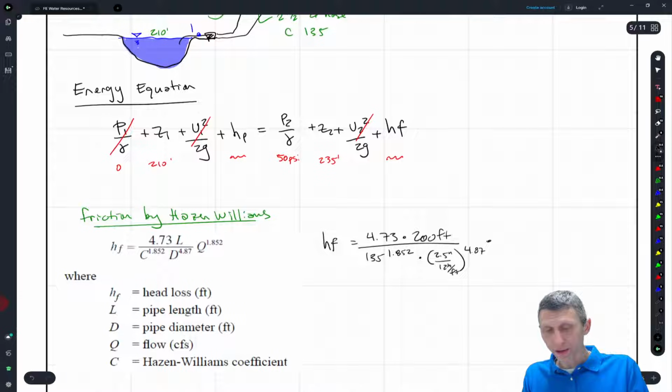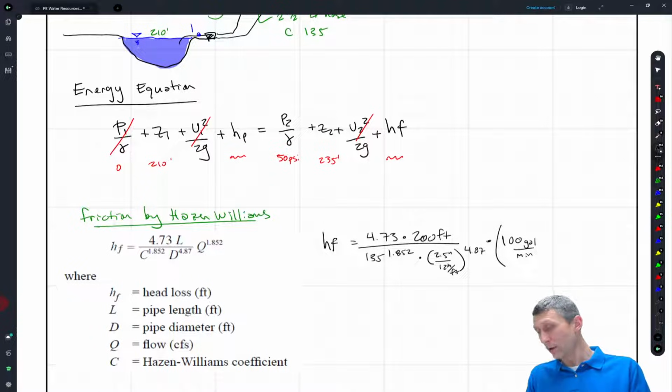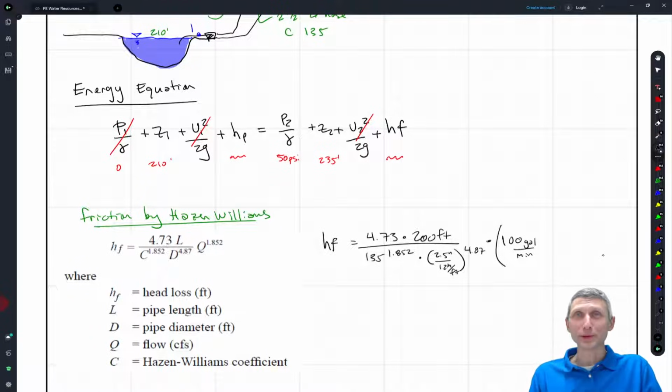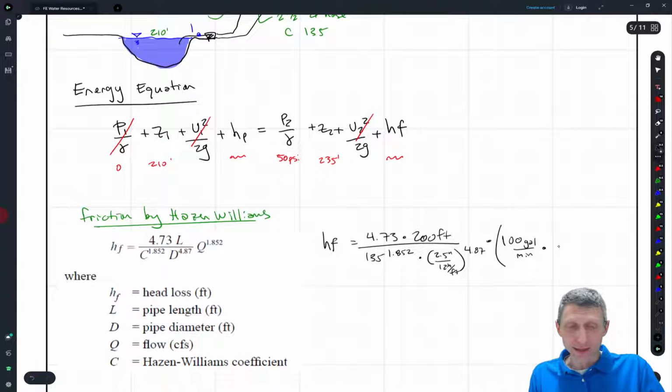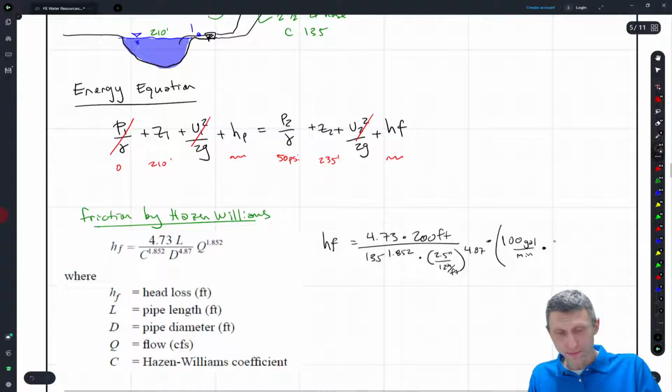Okay, then we have to multiply all of that times Q, which is going to be 100 gallons per minute, to the 1.852 power. But I left a little bit of room here because we have to be careful, because our flow needs to be in CFS. So if we're given gallons per minute, we have to multiply. We know that we have 1 minute per 60 seconds.